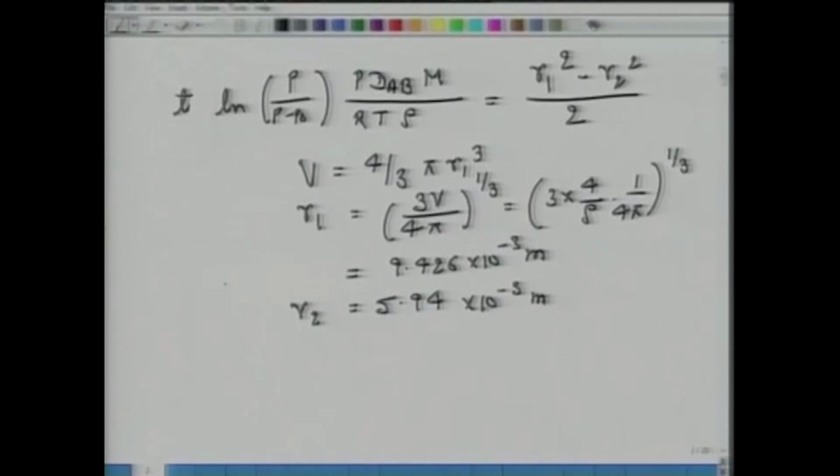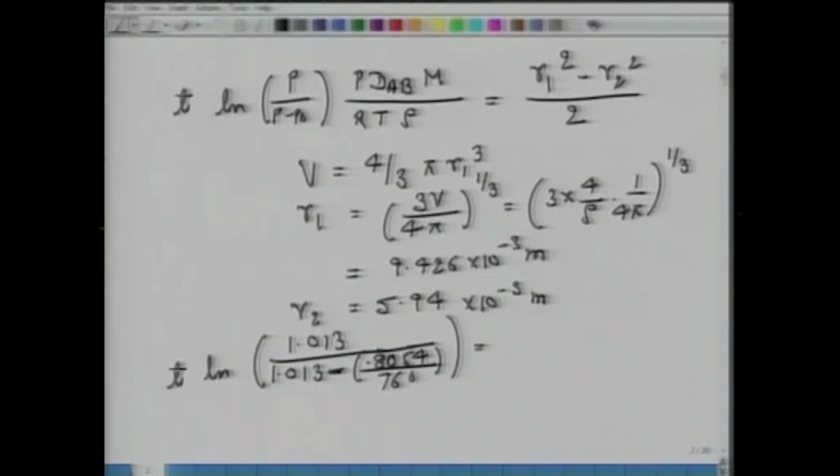Then if we substitute in the expression which we have obtained on integration, we have t ln P, the total pressure 1.013, over 1.013 minus the vapor pressure or the sublimation pressure, which is 0.8054 over 760, equals 1.013 10 to the power 5 total pressure.